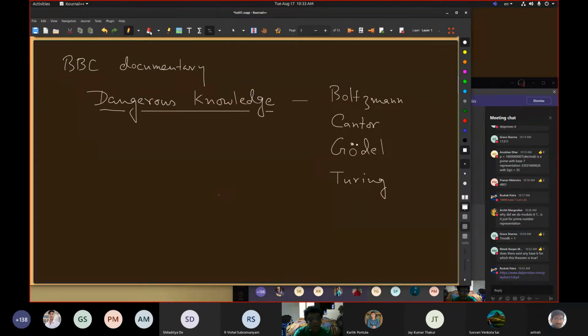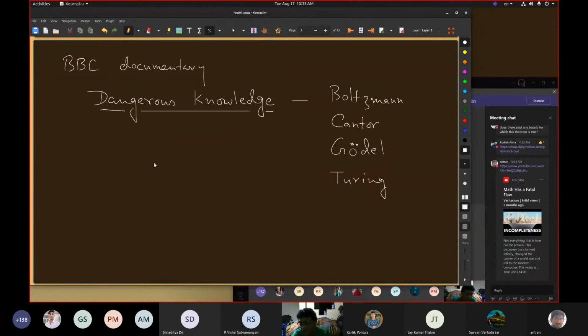And the kind of assurance that you are asking from us was basically the view of mathematicians in the 19th century or something like that. In fact, you might have heard about a very eminent mathematician called Hilbert. Yeah, incompleteness and all that stuff. You see, not everything that is true can be proven.